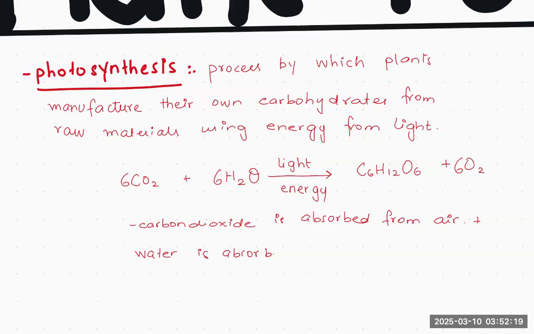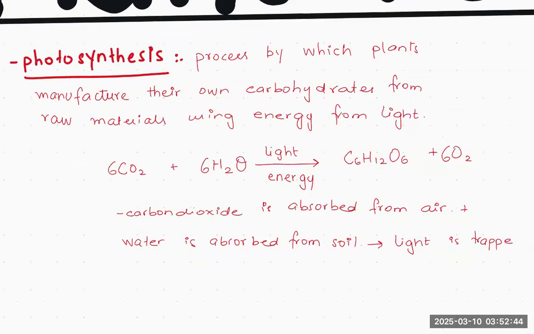Right? And then the light is trapped by a chloroplast. What is a chloroplast? A chloroplast is an organelle. What is an organelle? An organelle is any structure inside the cell. So a nucleus is an organelle. Cytoplasm is an organelle.